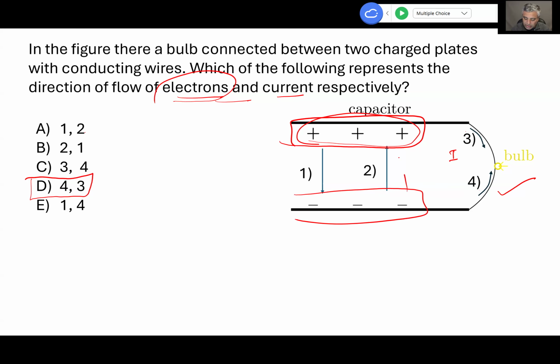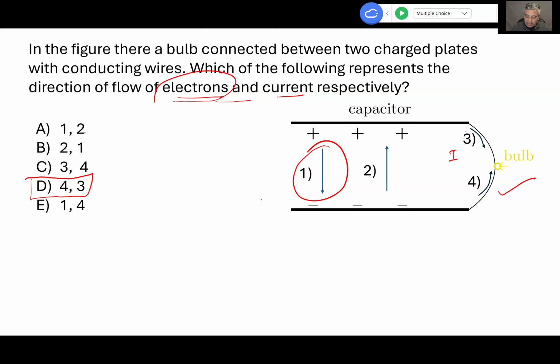Then they can jump through this insulator or air. So this would be the direction of the electric field actually. But the charges on the capacitor plate don't move like that. I think that caused the confusion. So I'm glad I brought this question. Is there anything you'd like to ask or add here?